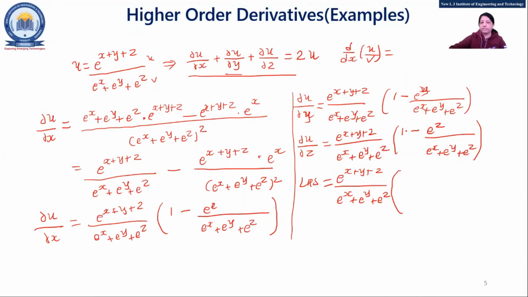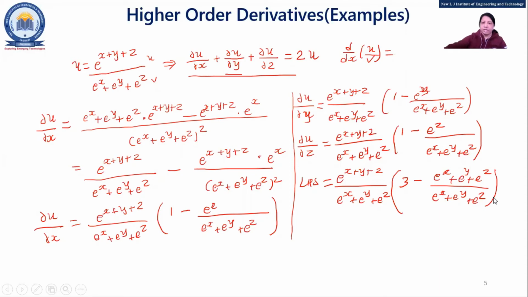This is 1, 3 times. So I'll write 3 minus e raised to x minus e raised to y and minus e raised to z. I'll take a minus common and write e raised to x plus e raised to y plus e raised to z upon e raised to x plus e raised to y plus e raised to z.